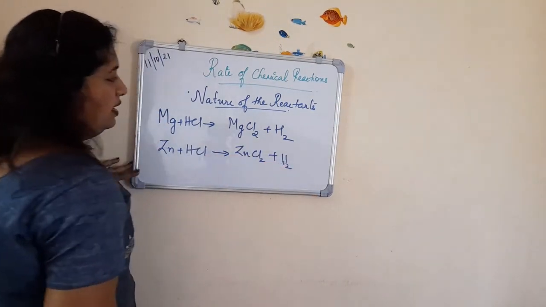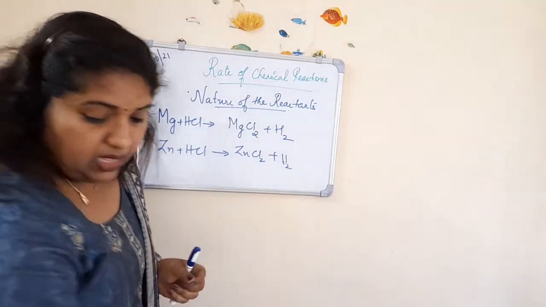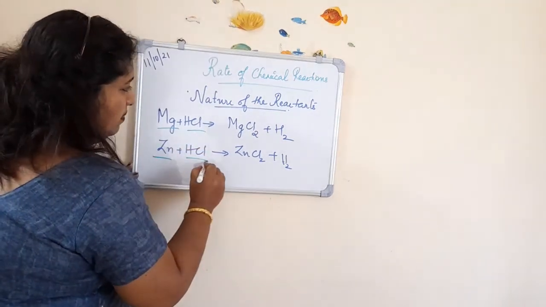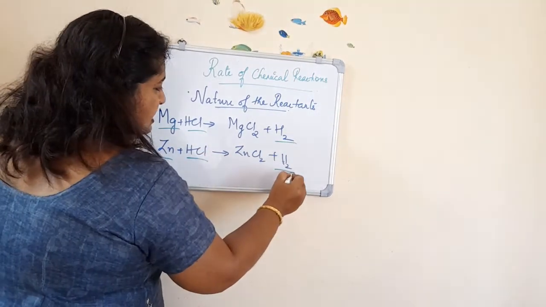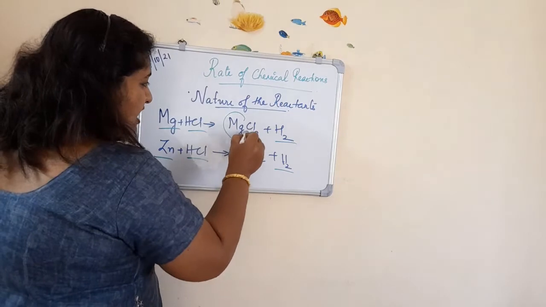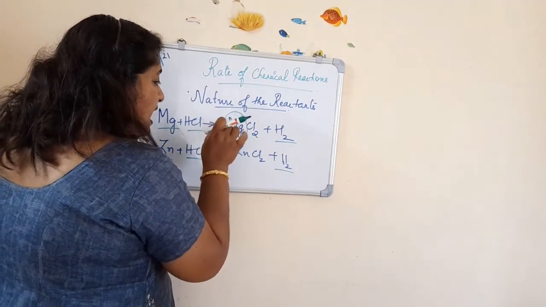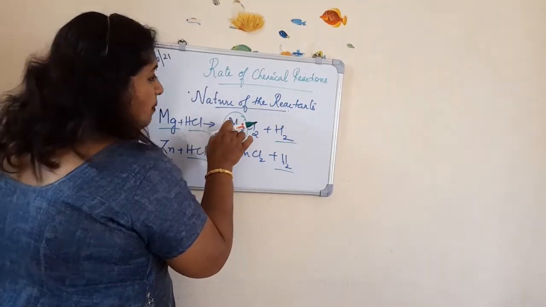See, the reactions are the same. Here I just took different metals. The acid was the same, and both gases released are the same. But according to the reactivity, the nature of the reactant, the reaction was faster in magnesium.